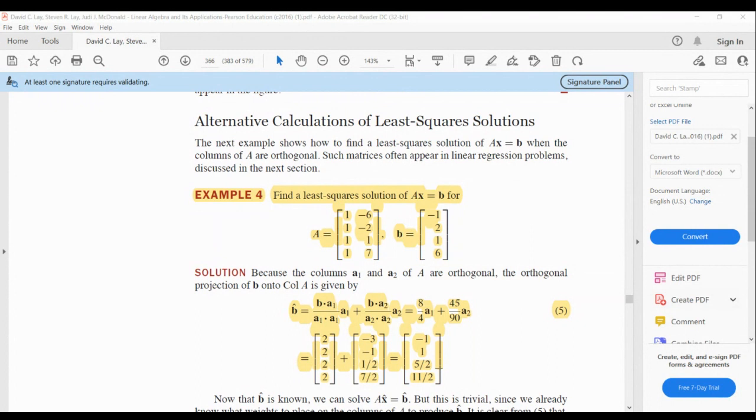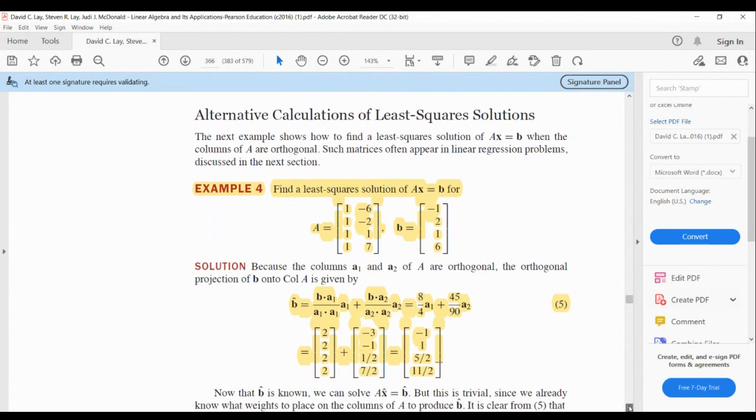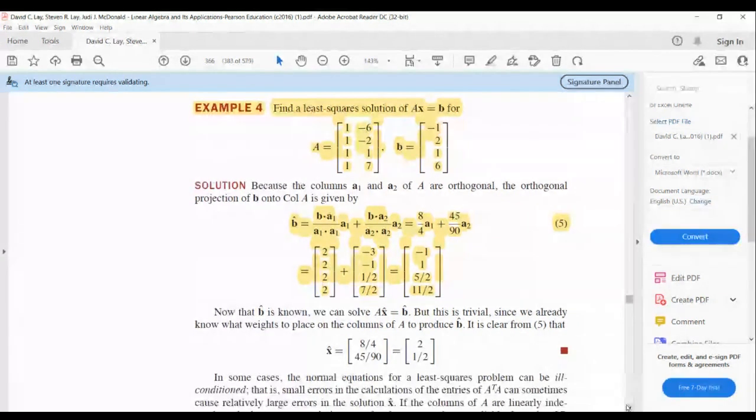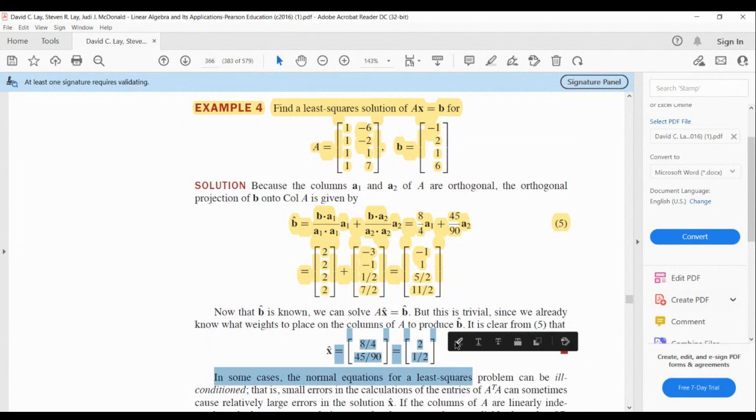So the coefficients of vectors A1, which is 8/4, and vector A2, which is 45/90, that's going to be your least squares solution, because the linear combination of A1 and A2 with those values gives you the projection vector, the projection of the vector B onto the column space of A. So in that case, it's very simple.